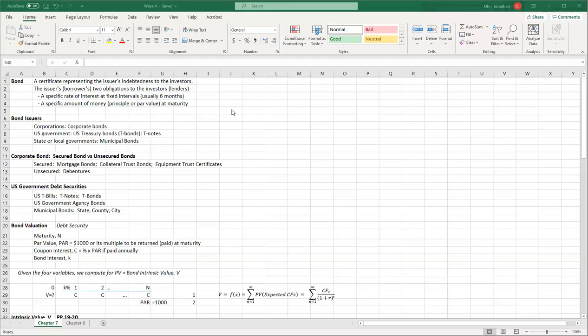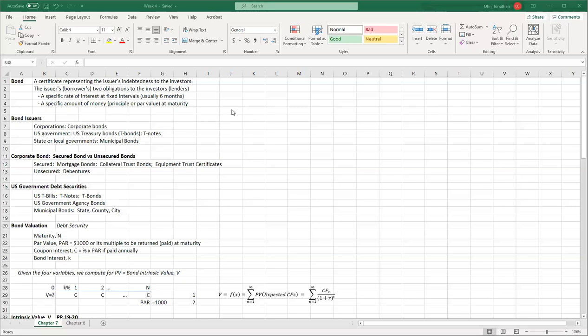One is the fixed interest payment, typically every 6 months or 1 year, depending on the contract. The other is a specific amount of money at maturity, the par value or principal value. These two cash payments are the obligation of the issuing company.